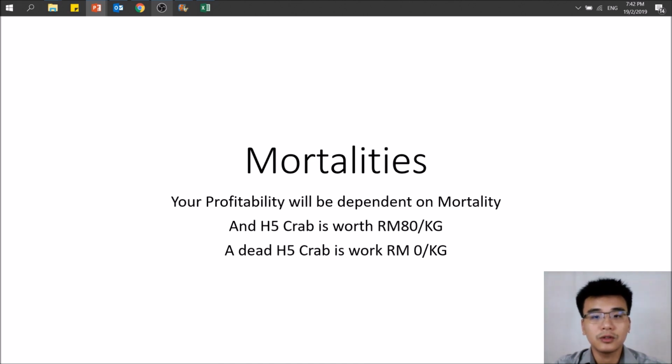Essentially, the mud crab trade is a live one, meaning a live crab is worth 80 ringgit per kilo, and when it's dead, it is usually worthless.